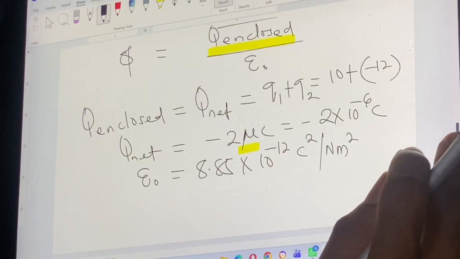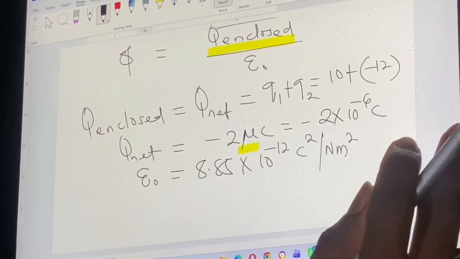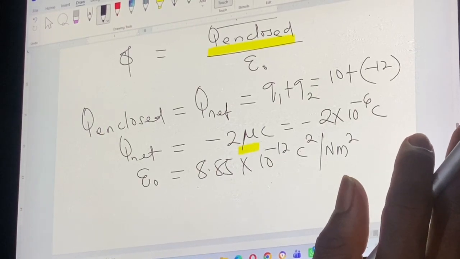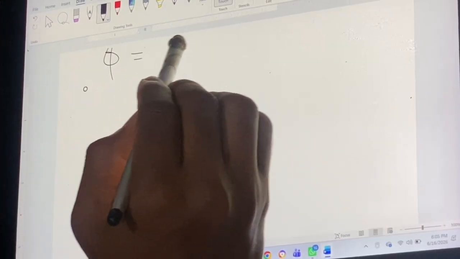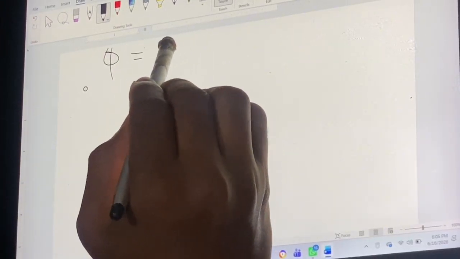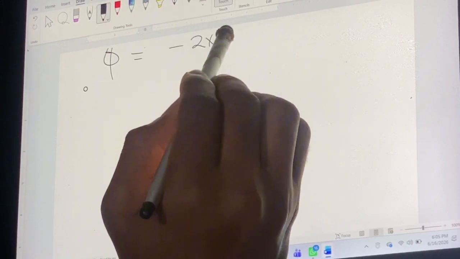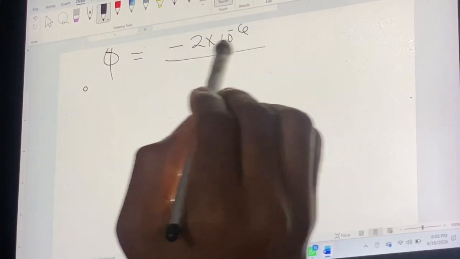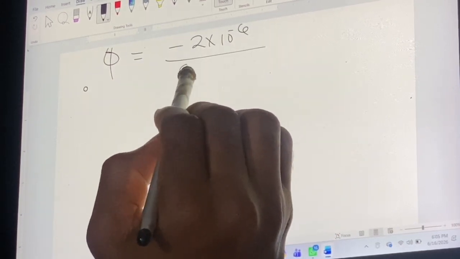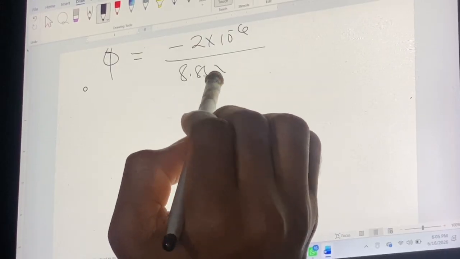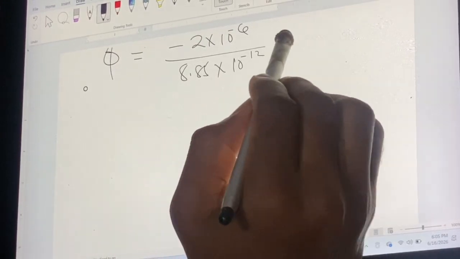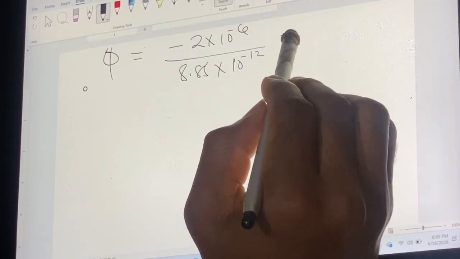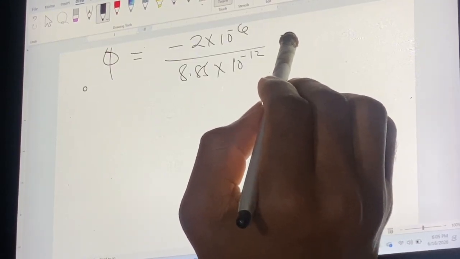So let's impute the values. When you do that, we have our electric flux, phi, to be equal to minus 2 times 10 raised to the power of minus 6 over 8.85 times 10 raised to the power of minus 12. So this will be equal to, class, let's divide here.